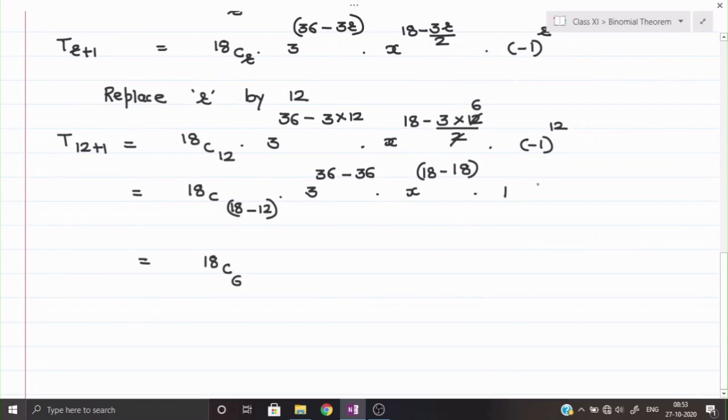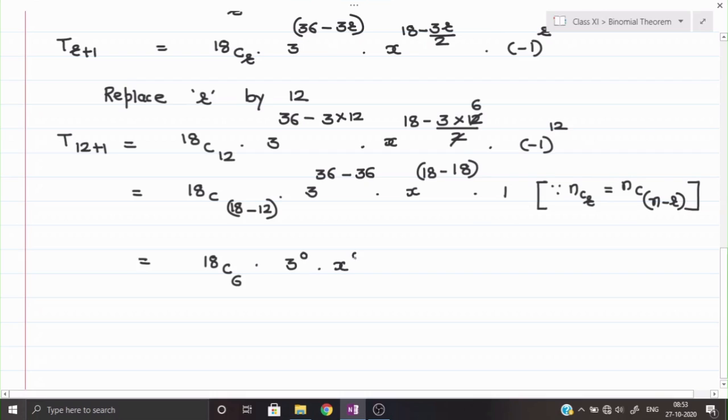Here you can write down for yourself the formula, since NCR is equal to NCN minus R, into 3 to the power 0 into x to the power 0. So finally what we got here, 18C6.